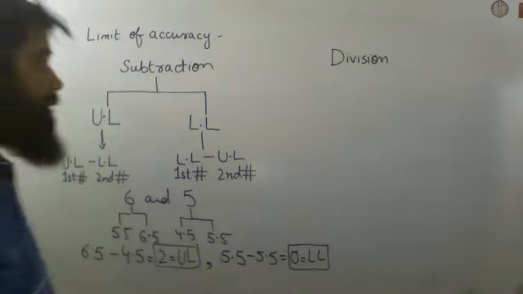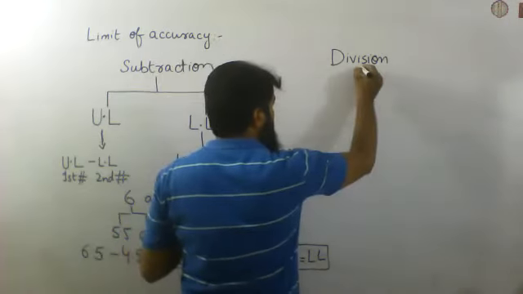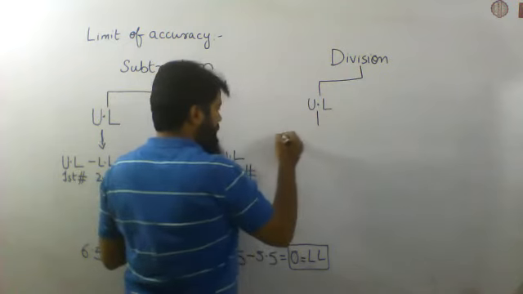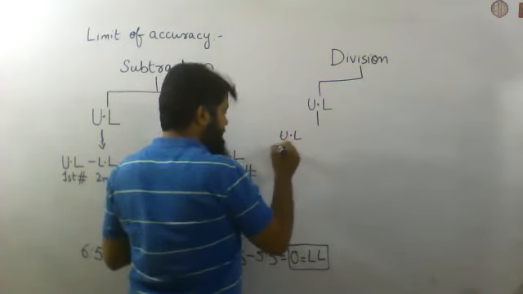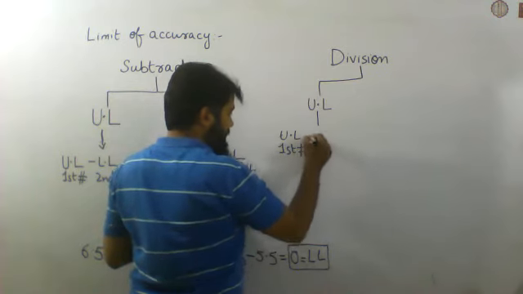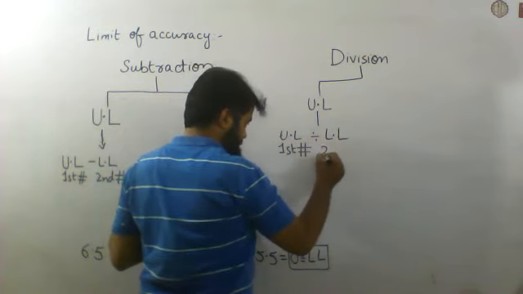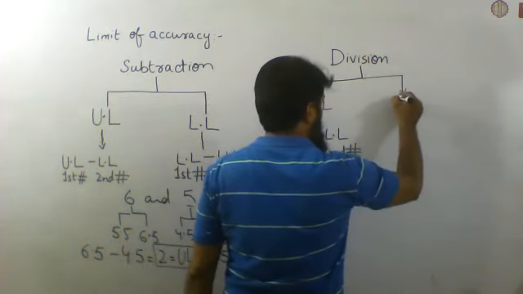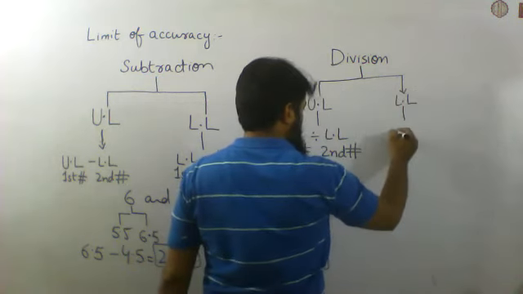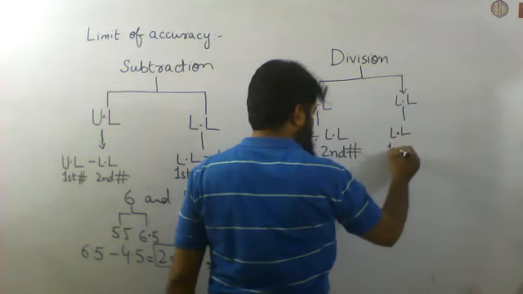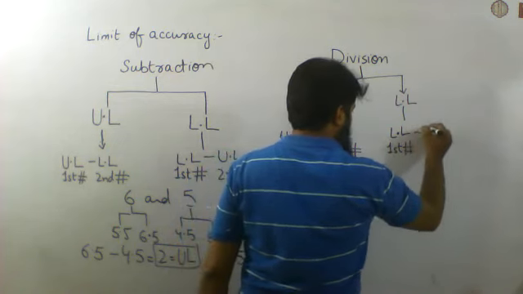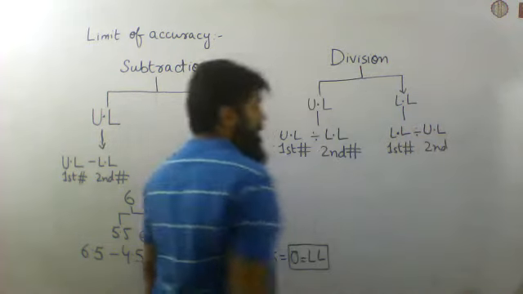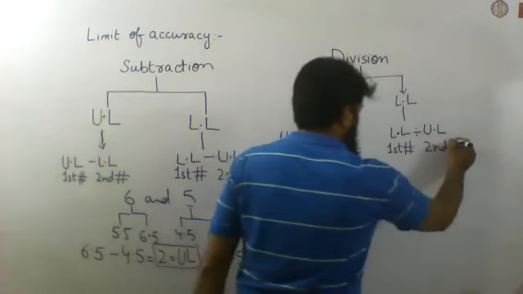Okay, same thing is going to happen in division also. See, if you have to find the upper limit, then upper limit of first number divided by lower limit of second number, and for the lower limit of division, lower limit of first number divided by upper limit of second number.